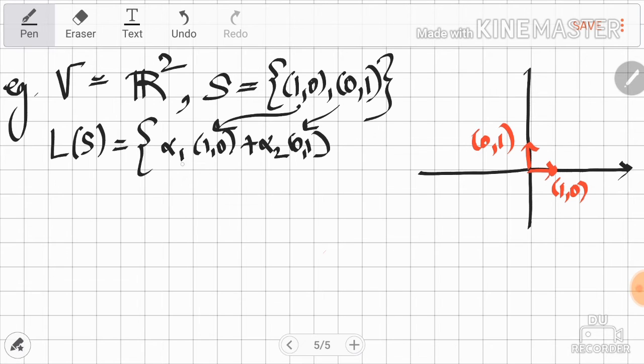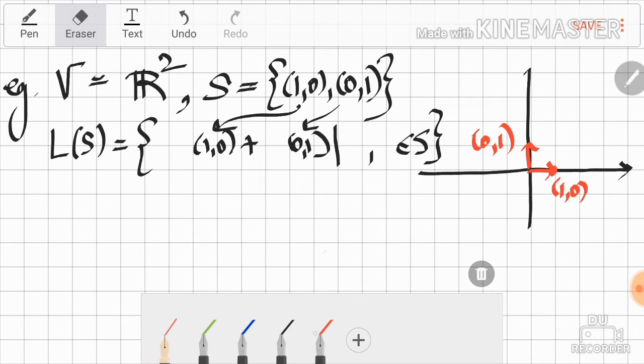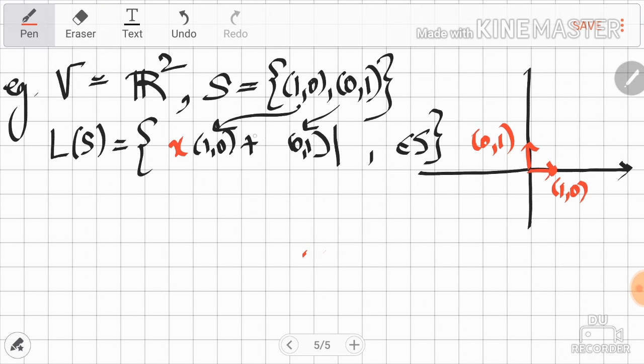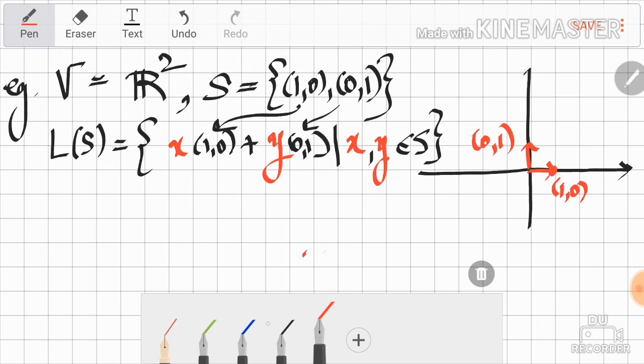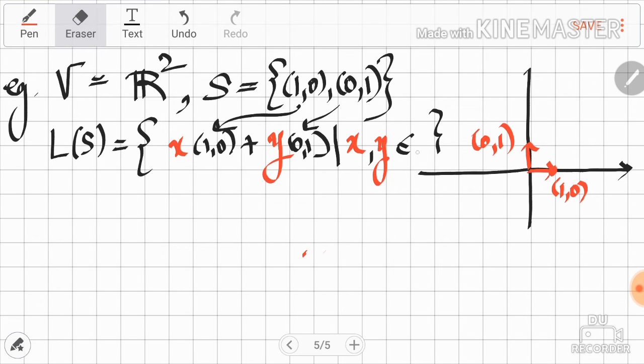These are the vectors in S and these are the scalars. I can also replace alpha 1 and alpha 2 by x and y. There is nothing special. Oh, I made a mistake over here. The scalars are taken from the set of real numbers.